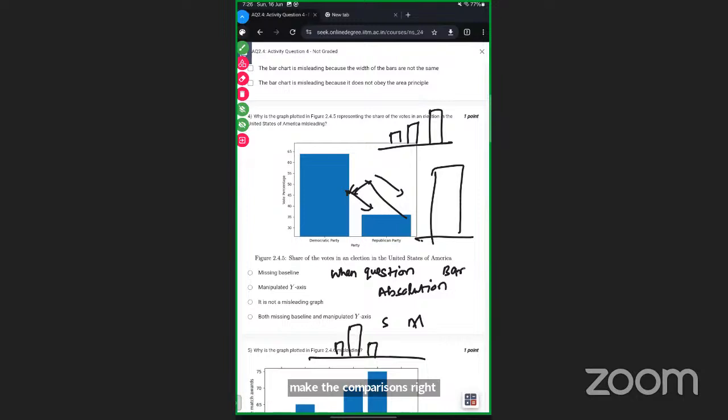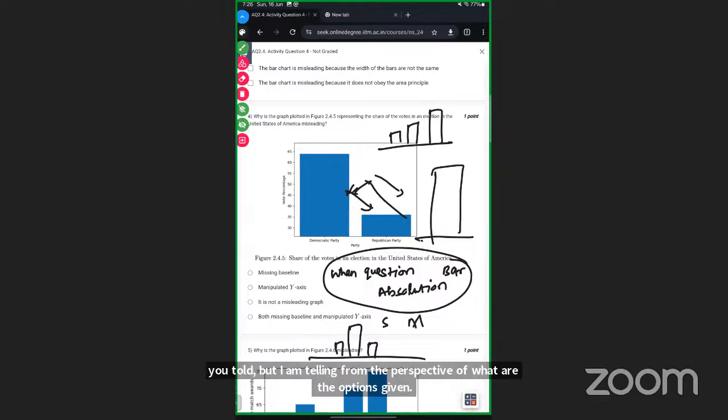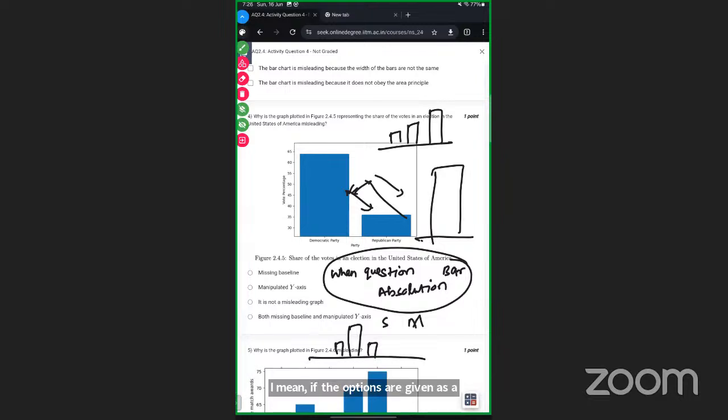No, I got it completely. I'm agreeing. I understood what you told, but I am telling from the perspective of what options are given. If the options are given as bar chart, Pareto chart, both bar chart and Pareto chart, and let's say it is asking this exact question: display a chart showing the votes that each party won.